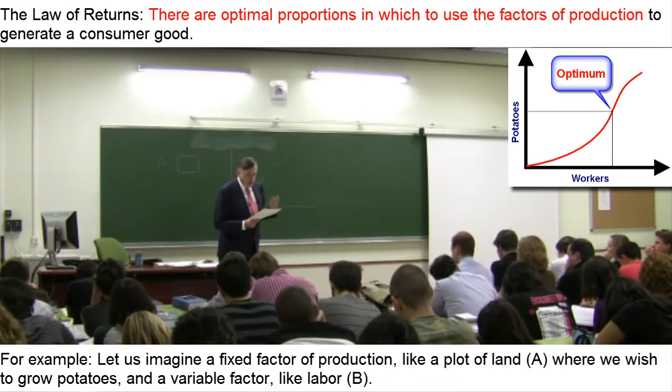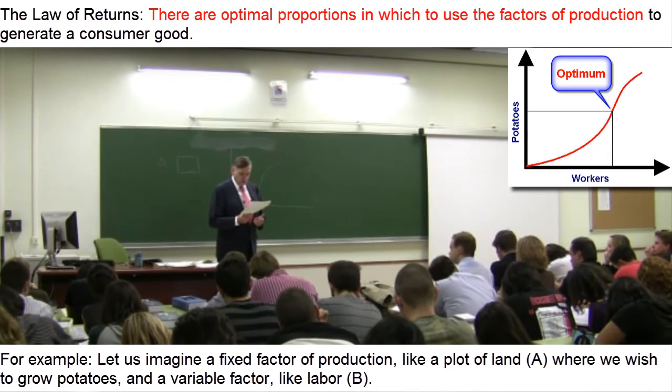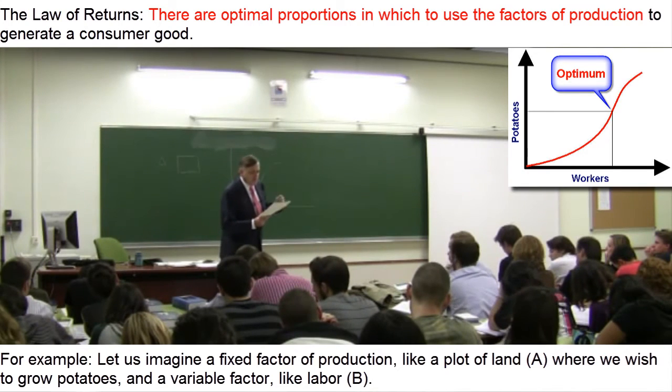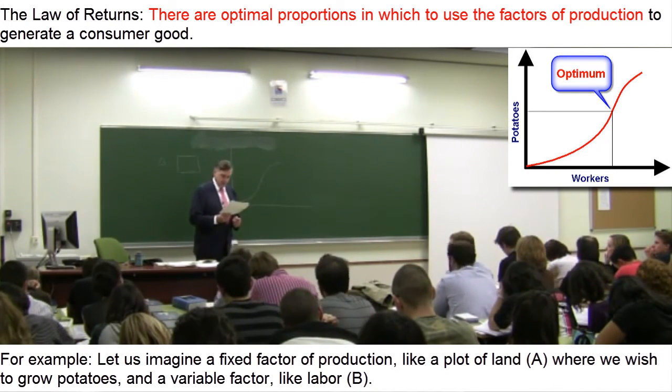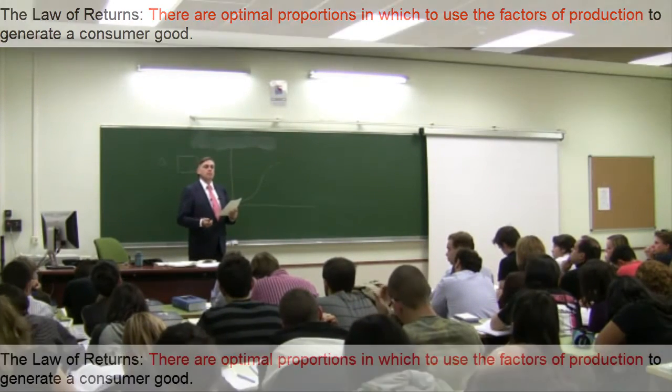To put it another way, each additional unit of the labor factor, variable factor B in our example, results in a smaller additional quantity of consumer goods, potatoes in our example. And that's what the law says.